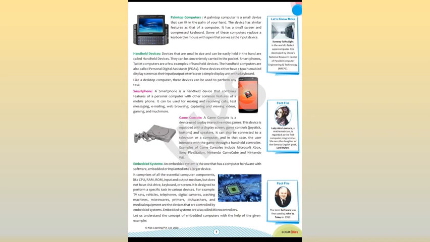Next, embedded system. What is embedded system? A combination of hardware and software, where the software is embedded into the hardware, is known as the embedded system.